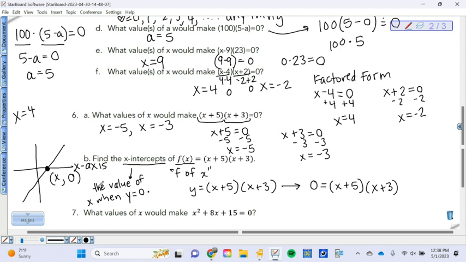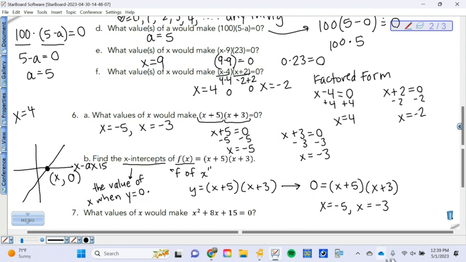And what values of x would make this equation equal 0? -5 and -3. So that tells me where my x-intercepts are going to be. And we'll get more into that later on.